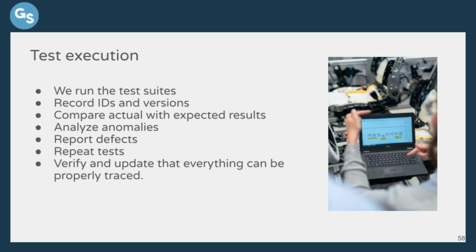Testers report defects based on the failures observed and log the results of the test execution, such as pass, fail, or blocked. They may need to repeat test activities due to actions taken for an anomaly or as part of the planned testing, which includes executing corrected tests or performing confirmation and regression testing. Finally, testers verify and update the traceability between the test basis, conditions, cases, procedures, and results to maintain clarity and organization throughout the process.